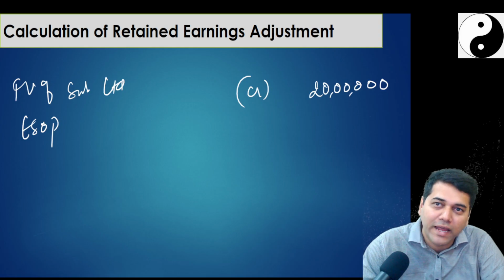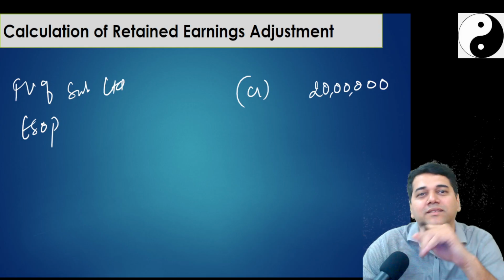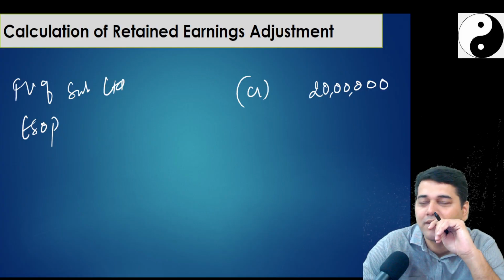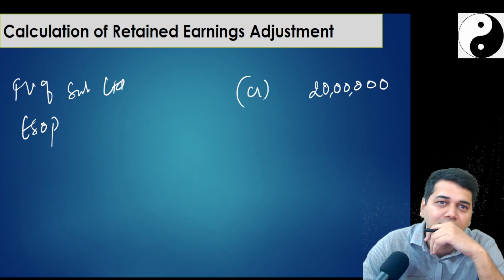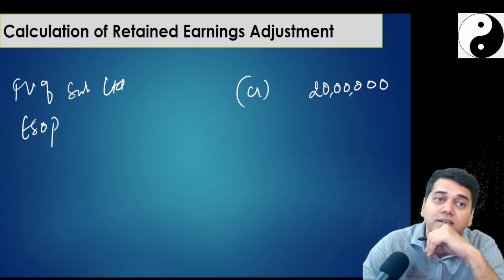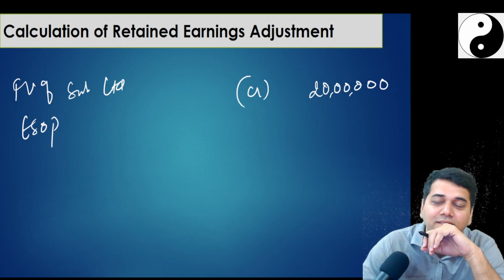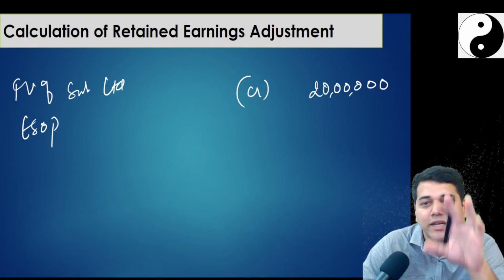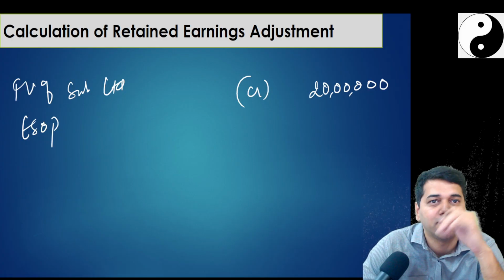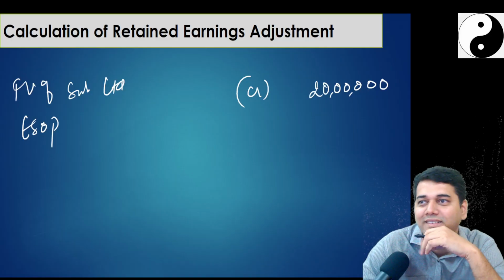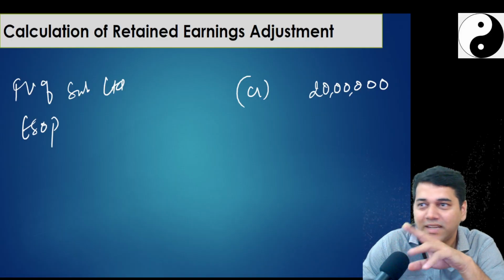What should have happened? Should I debit retained earnings? Should I credit retained earnings? Everyone okay? Debit retained earnings?